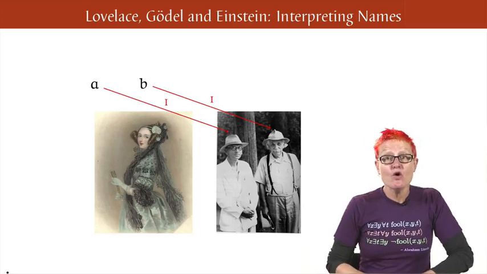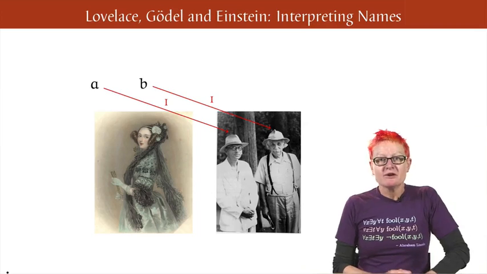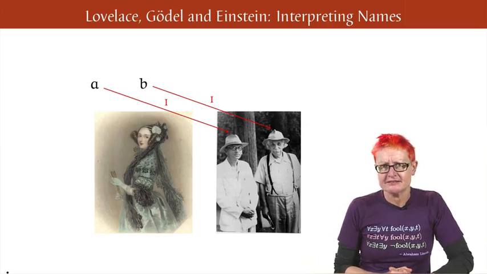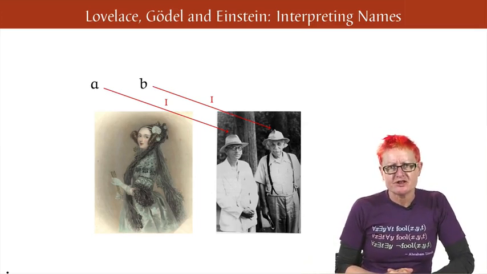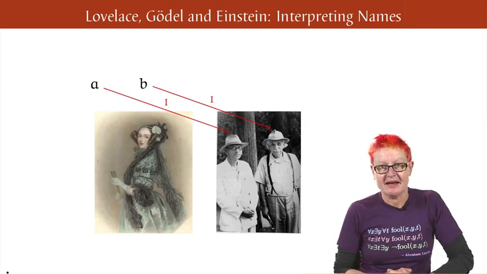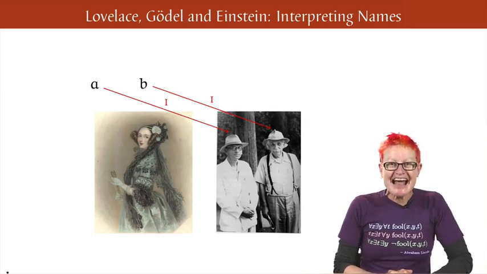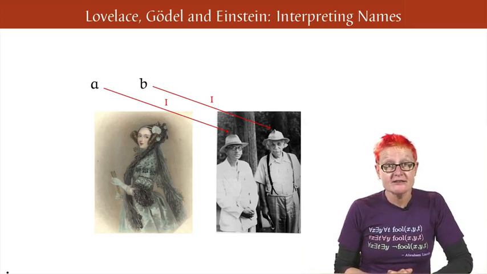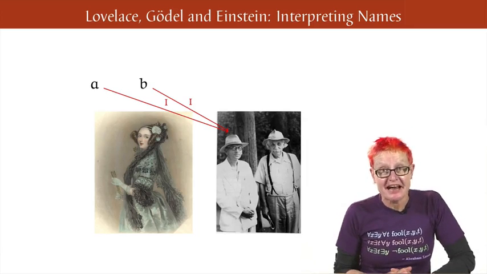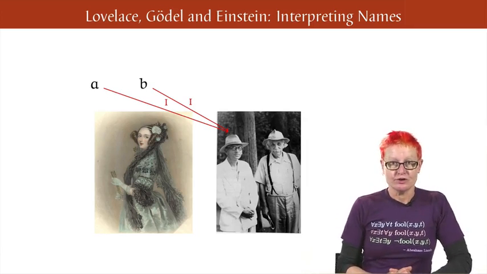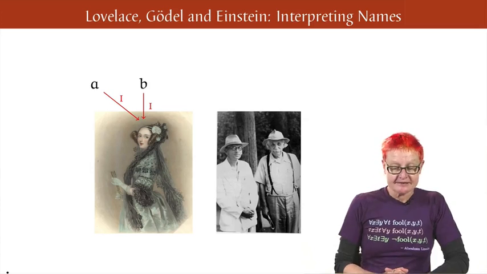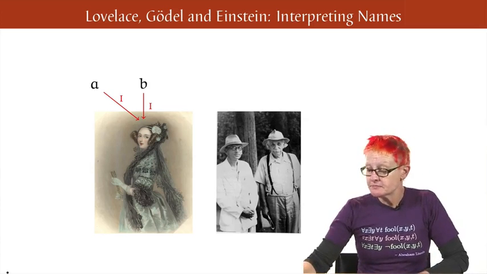But there are clearly more possibilities, and we really don't need to give any explanation for a particular interpretation. A and B are just symbols functioning as names, and they have to be mapped to some objects in the domain. We could interpret A as Gödel and B as Einstein, or have A and B as two different names, both denoting Gödel, or both denoting Lovelace, and so on.